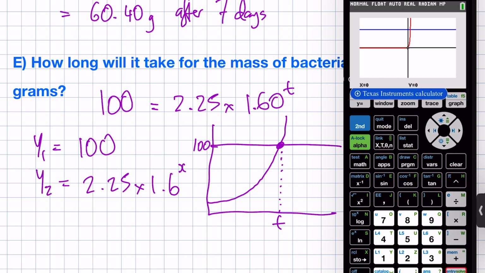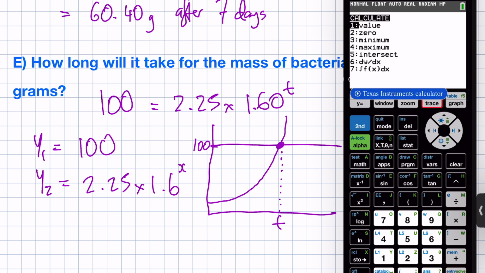So after that, can you see there's a trace button above your arrows? What does the blue instruction above trace say? It says calc. So you need to press second trace. Which one of those options do you reckon would find the intersection? 5, intersect.